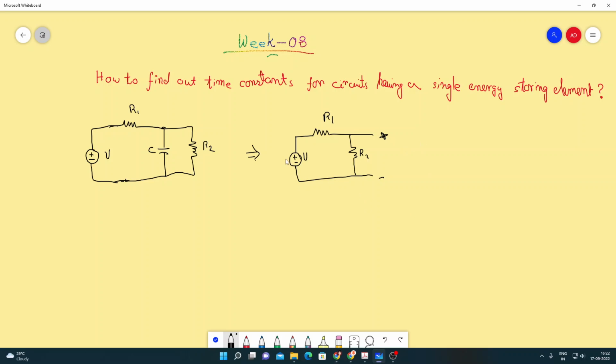So the first rule is to remove the energy storing element.